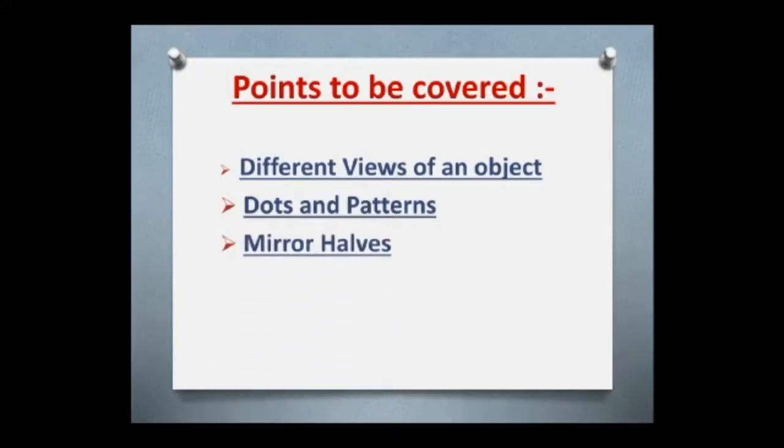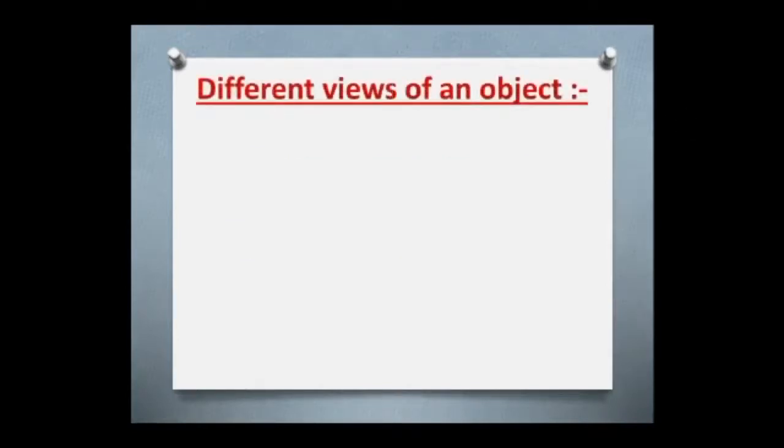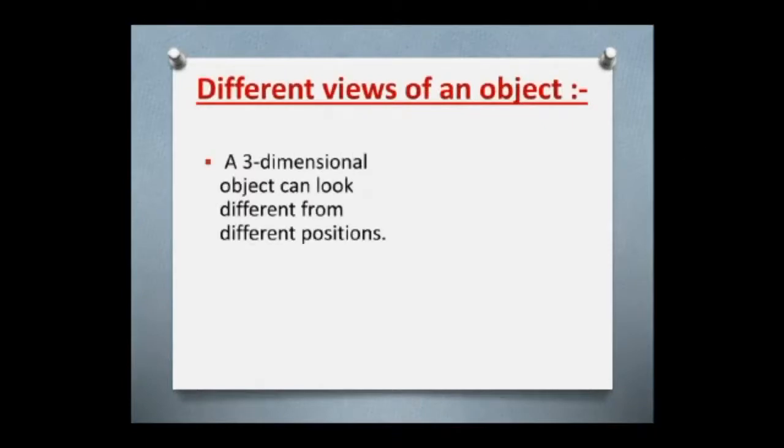So, without wasting much time, let's start with the first topic, that is different views of an object. A three-dimensional object can look different from different positions. Mainly, there are three types of views.